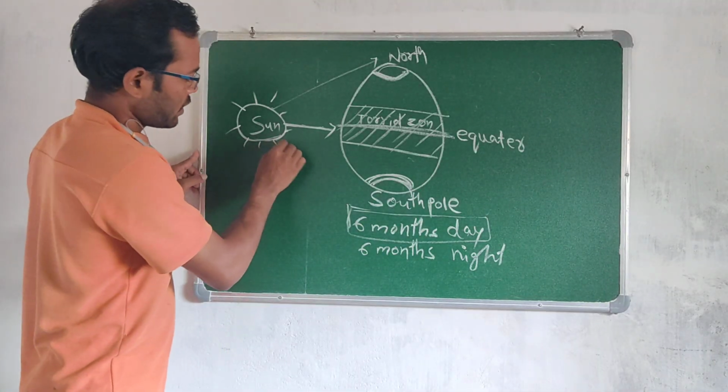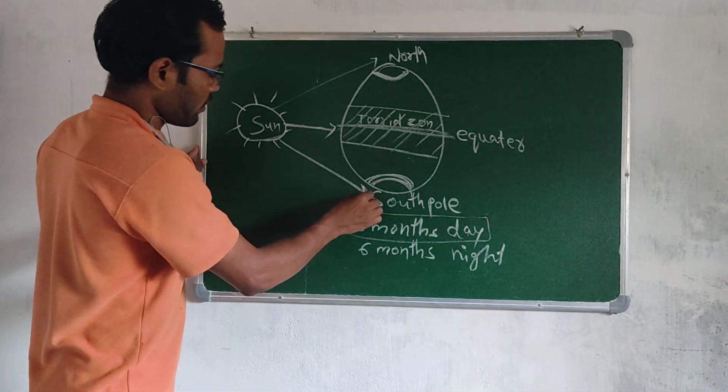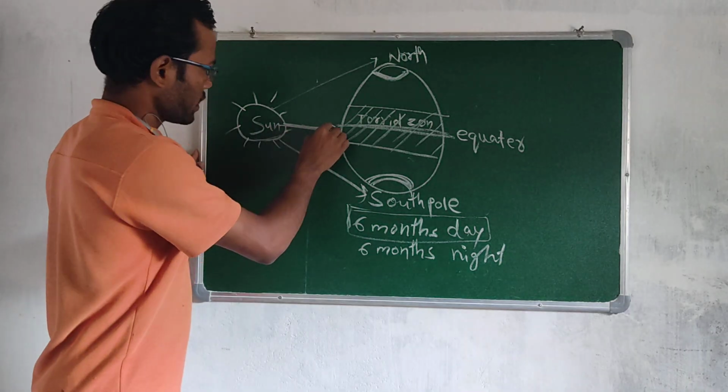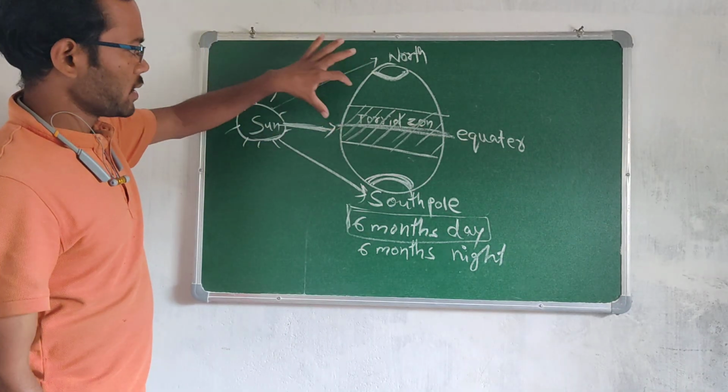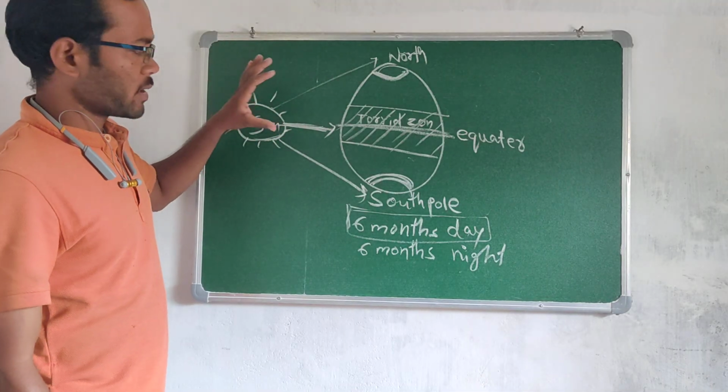And you all know about this story, okay? Why the sunlight is so less: because when the sunlight falls directly on this region, it feels much hotter.